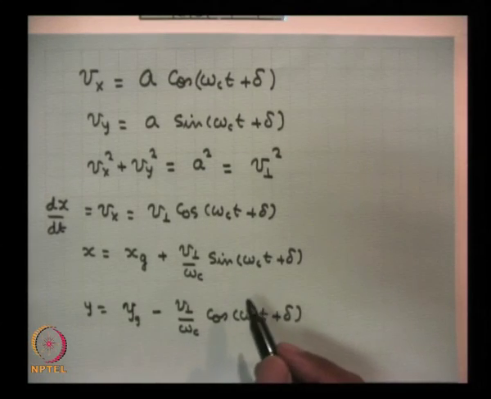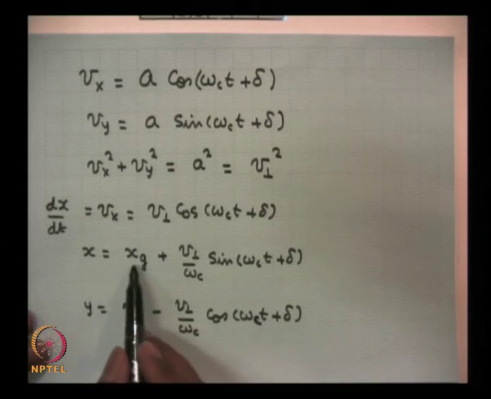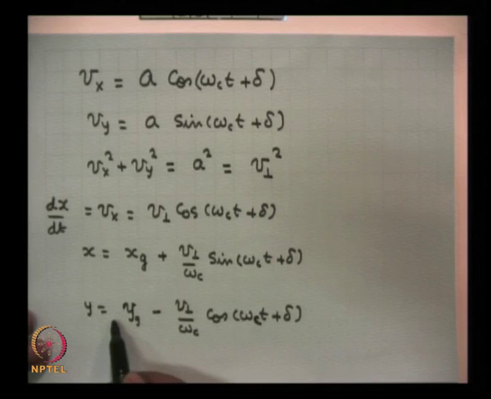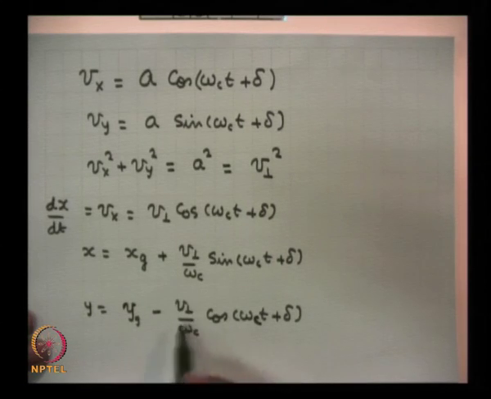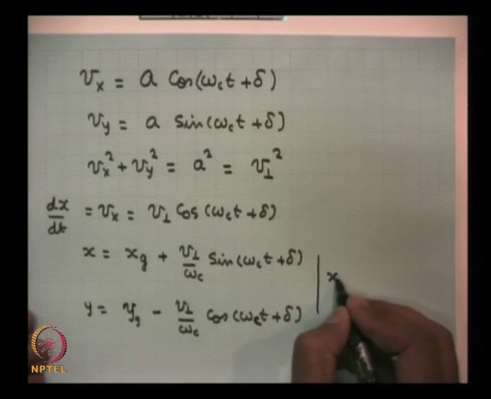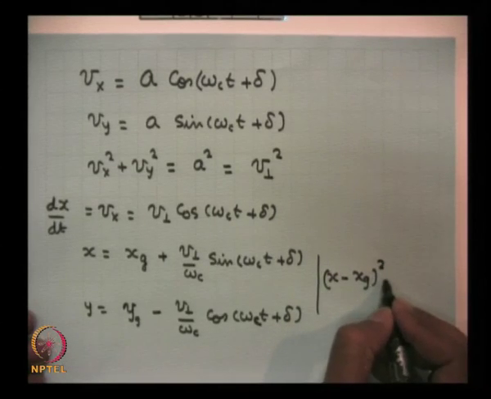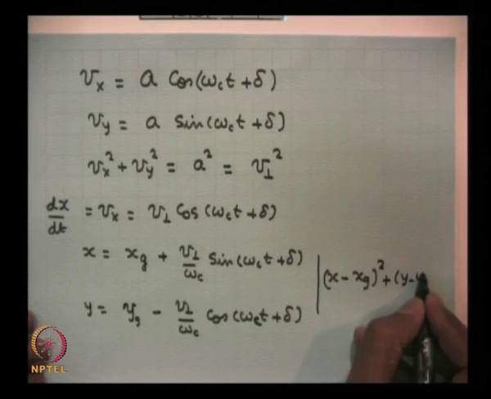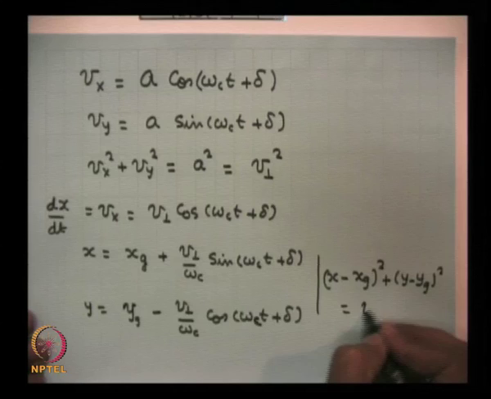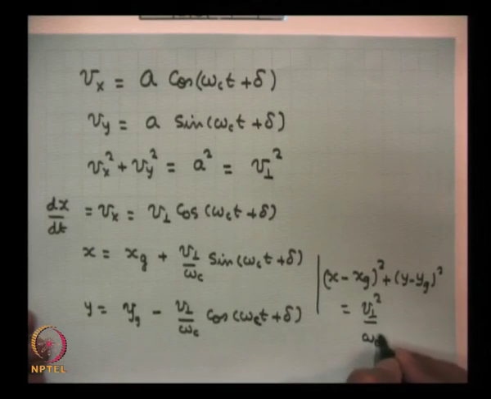This is a very general expression, but the beauty here is that if I take x minus xg square and add y minus yg square to it, you will find this again a constant. So, these two equations give me x minus xg whole square plus y minus yg whole square is equal to V perp square upon omega c square.